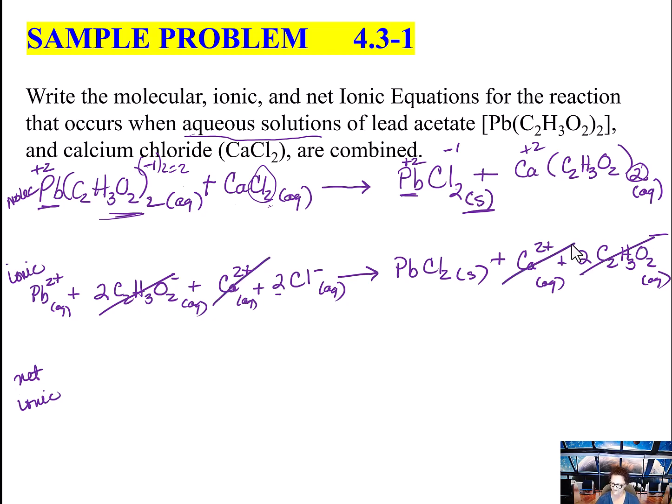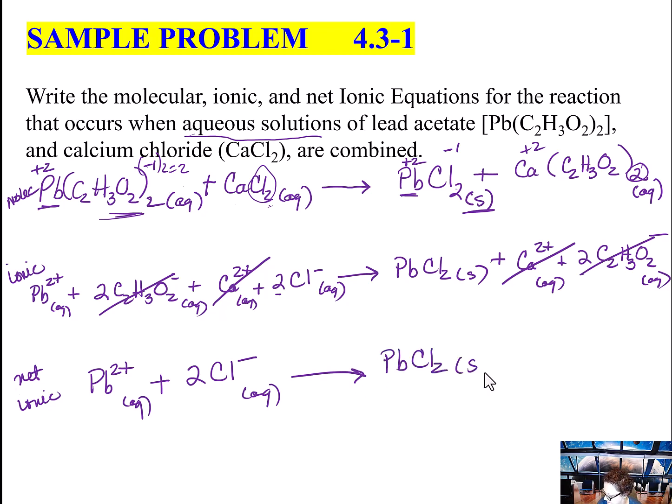What I have left is Pb2+ and 2 Cl-, and they're aqueous, and they are going to form PbCl2, which is the precipitate. If I form a solid, then I did have a precipitation reaction. If I do this and everything is still aqueous, then no reaction occurs.